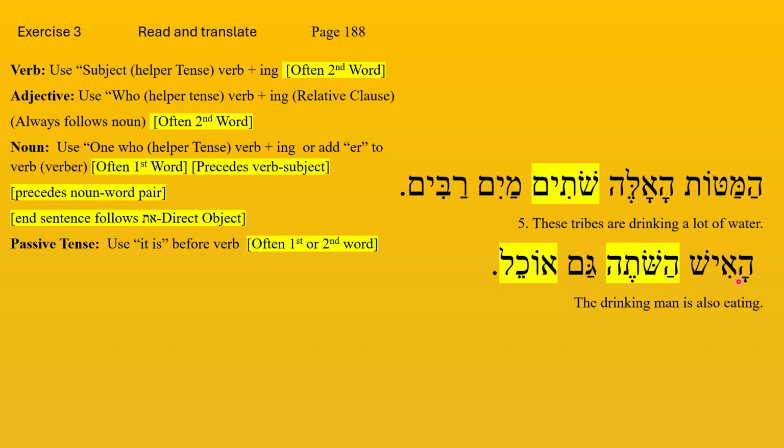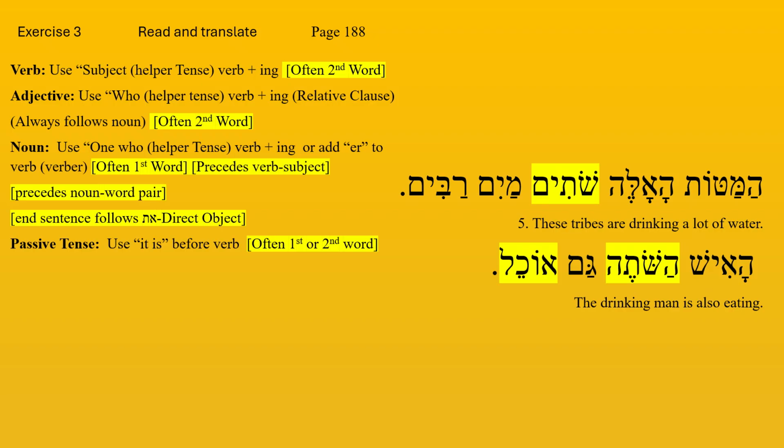So it's the man who is drinking, or the drinking man. Also eating. So you need that helper verb here. So your verb of the sentence is neither one of these. You have a predicate adjective here, but at any rate, the drinking man is also eating. All right?